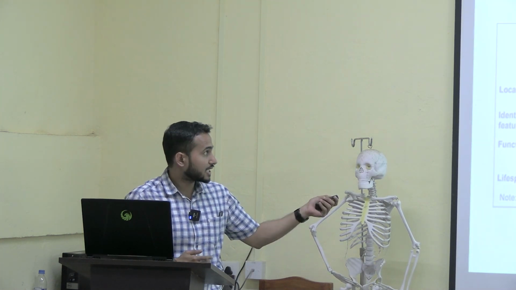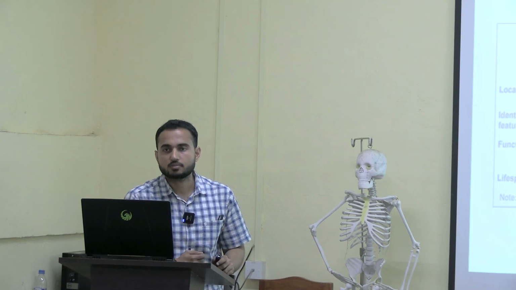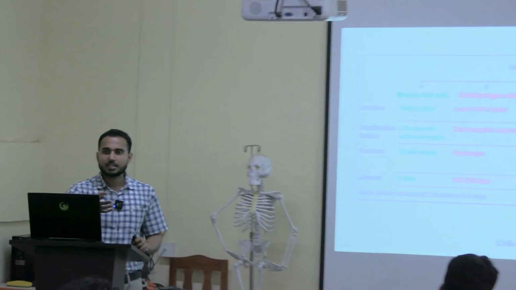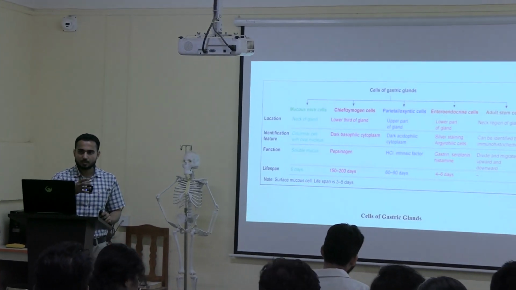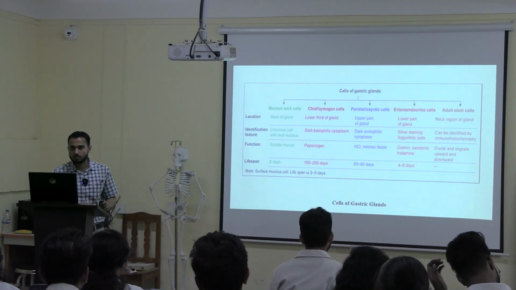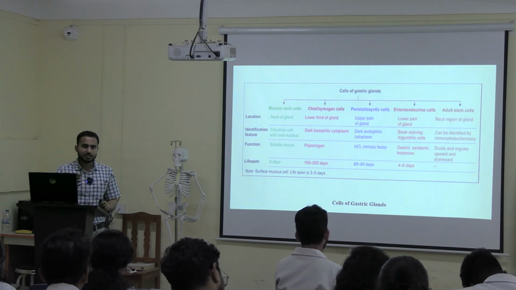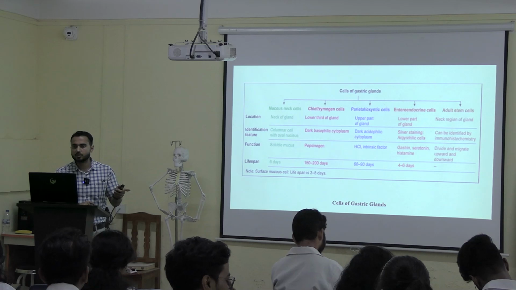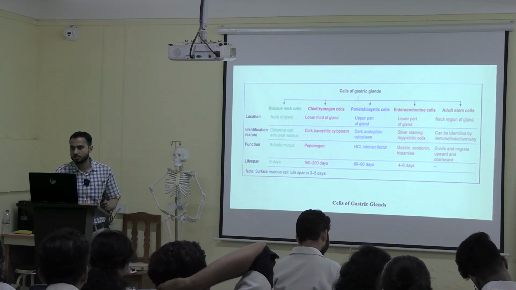What is the function of this one? Lubrication. I am not going into detail about the secretion, but one is insoluble, another one is soluble. Just keep that in mind. The functions of the two are different. One is for protection and this is for lubrication.